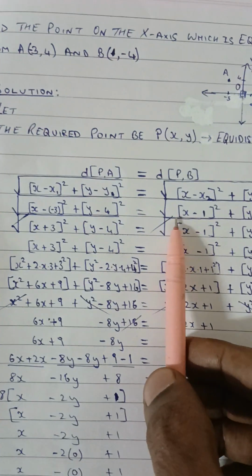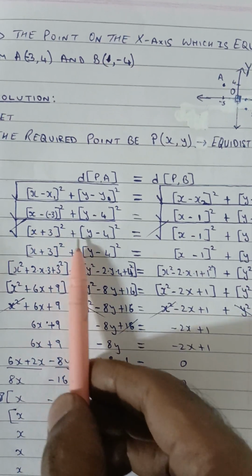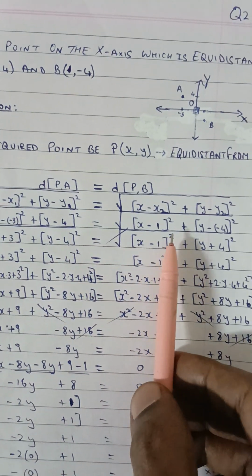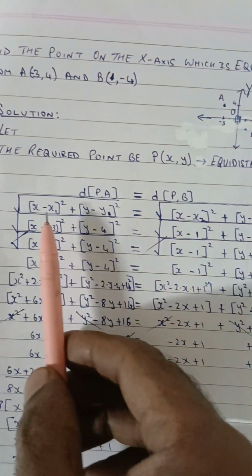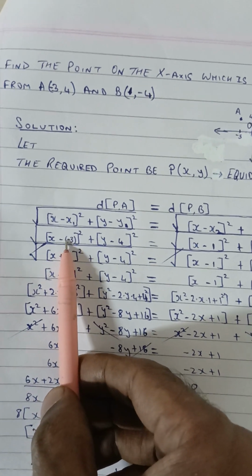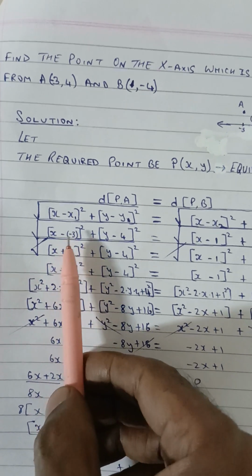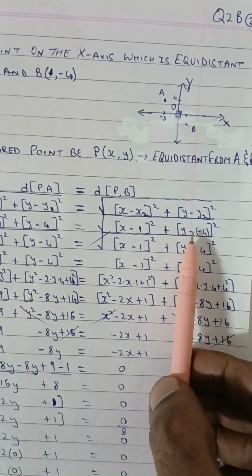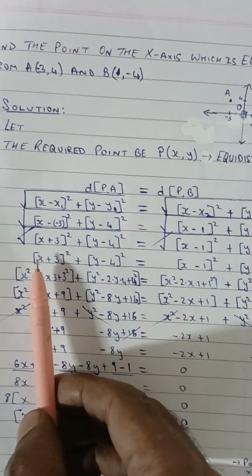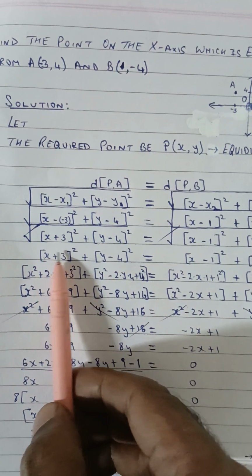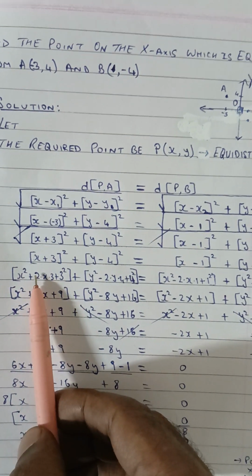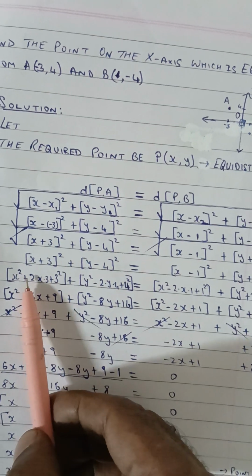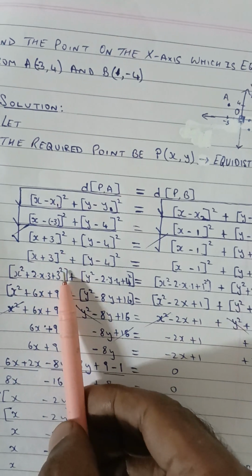Cutting the square root on either side, I'll get now x plus 3 the whole square plus y minus 4 the whole square is equal to x minus 1 the whole square plus y plus 4 the whole square. Before that I had put this in brackets, so minus and minus will give me plus here, and here minus and minus will give me plus. Now taking x plus 3 as whole square, I get x square plus 2 into x into 3, that is a plus b the whole square formula, and here 3 square.